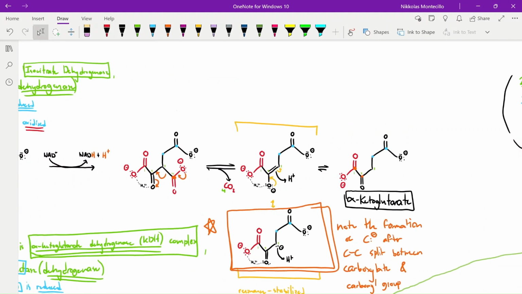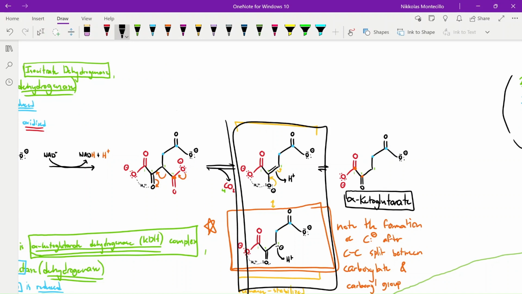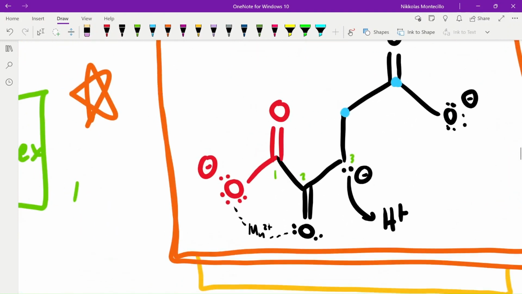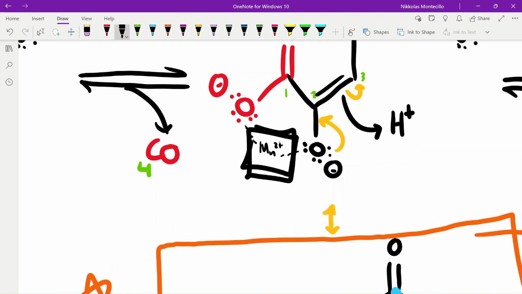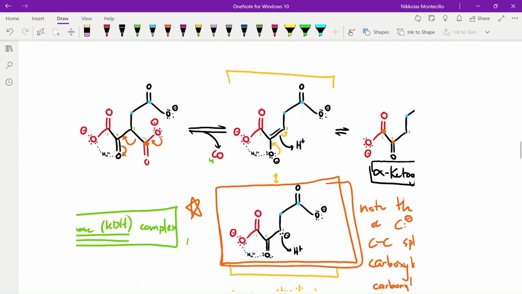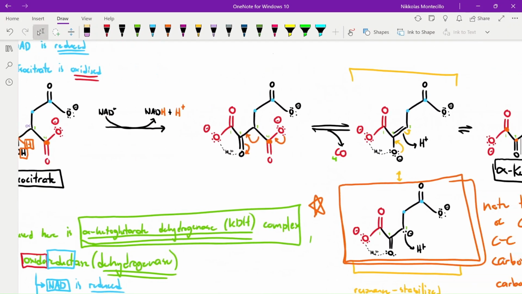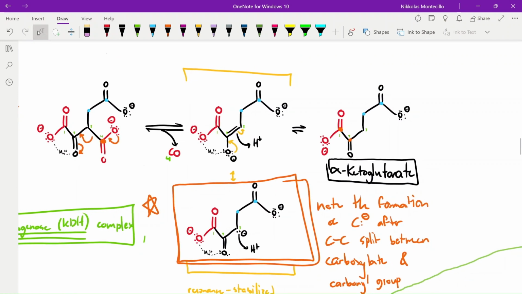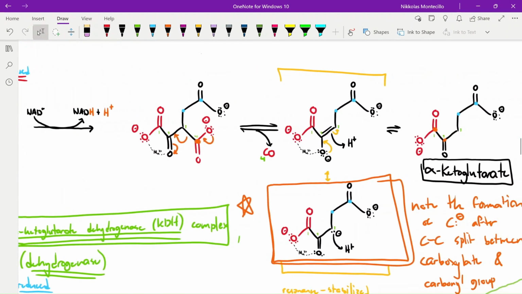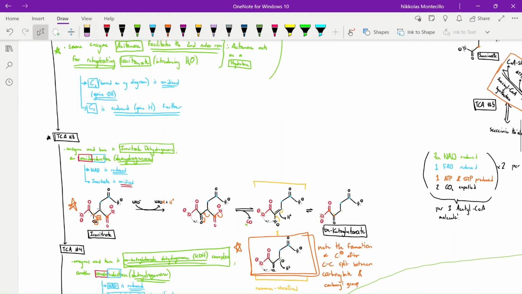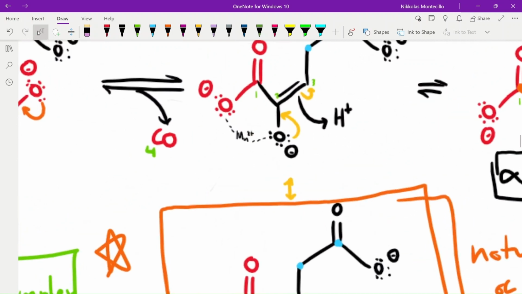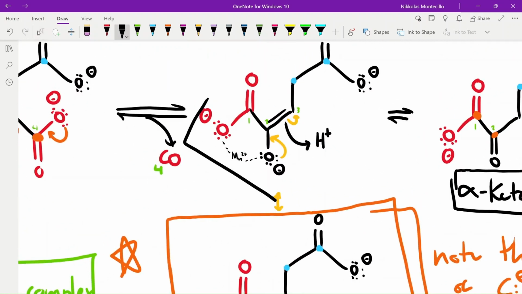And we see here that what forms is a resonance stabilized intermediate over here, right? This manganese ion is actually from some sort of residue from the dehydrogenase. So isocitrate dehydrogenase contains a manganese ion that stabilizes these 2 charges, right?